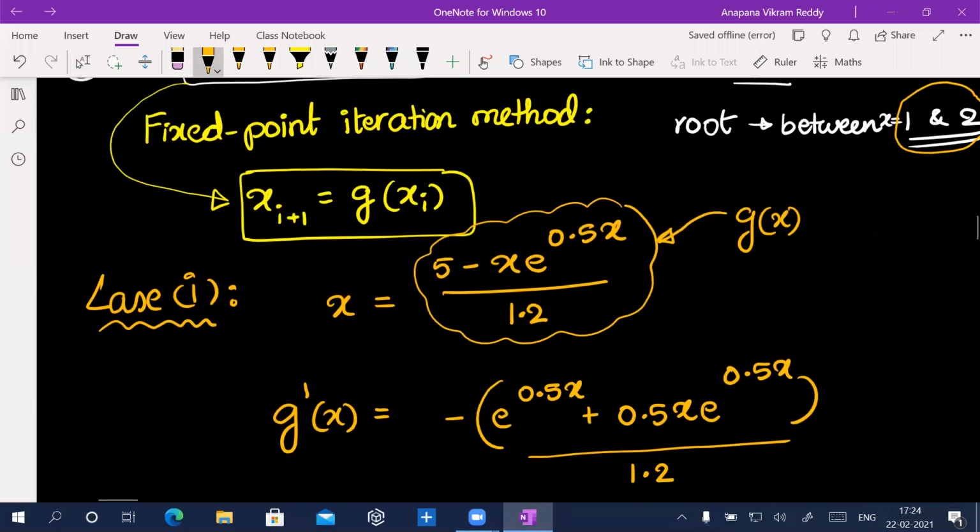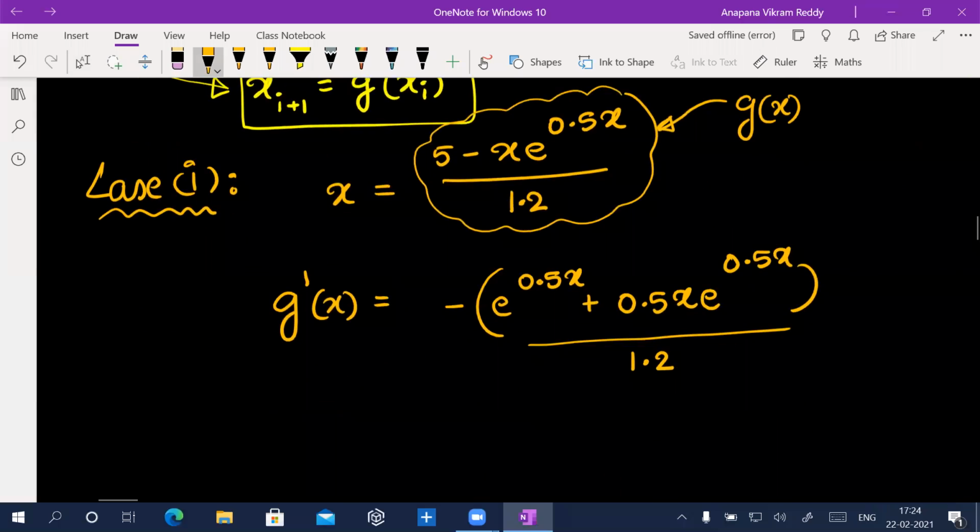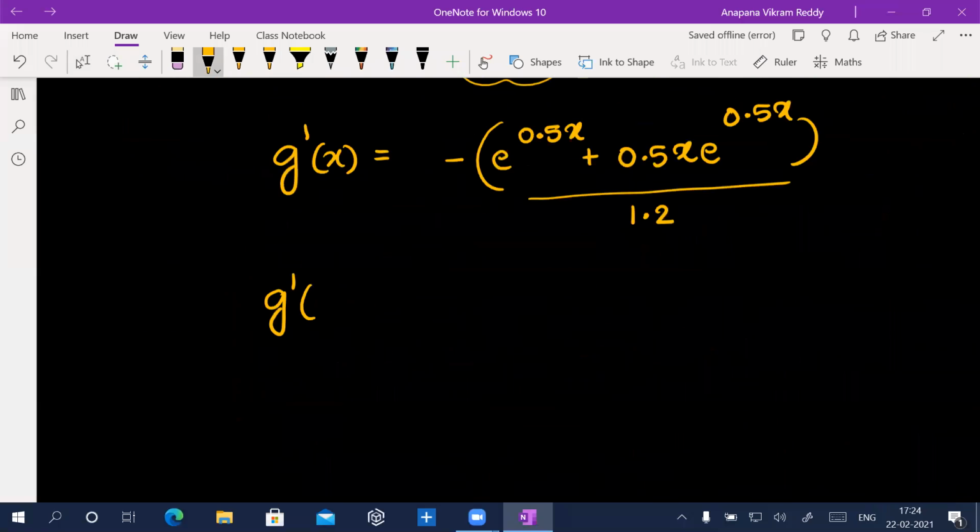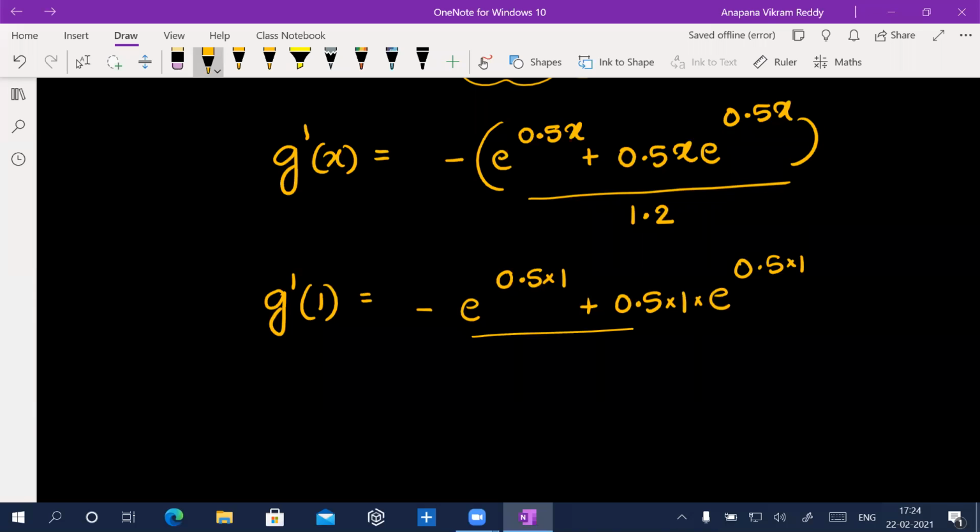So what do I do now? I will find g prime of x at x equal to 1. Please put this in, and you get minus 0.5 multiplied by 1. For the first time I will do it like this; second time onwards I can directly get the values.